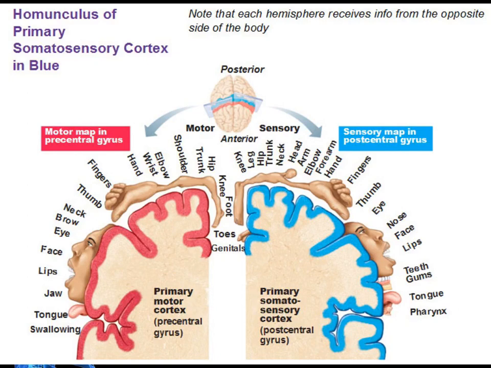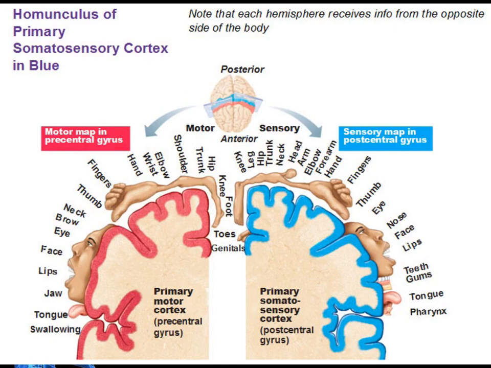Keep in mind that the right side of the brain controls the left side, and the left side controls the right side. So if you had damage to the left precentral gyrus area, then you're going to have paralysis of muscles, depending on what area it is, on the right side. So damage to the left will affect the right, and damage to the right will affect the left.